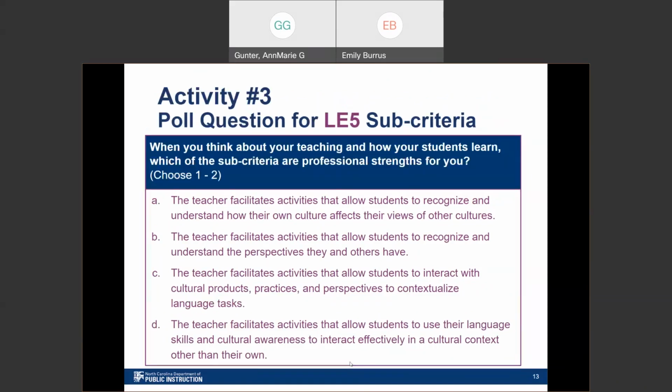All right, well now that we've seen those 4 sub-criteria that go with LE5, let's think about each of those. And when you think about your teaching style and the pedagogy and the approaches you use in the classroom, as well as how your students learn, which of these sub-criteria are professional strengths for you? You can choose 1 or 2. There are 4 overall. I'll go ahead and open this poll. We've got a little bit longer to think about this because this does require some reflection.